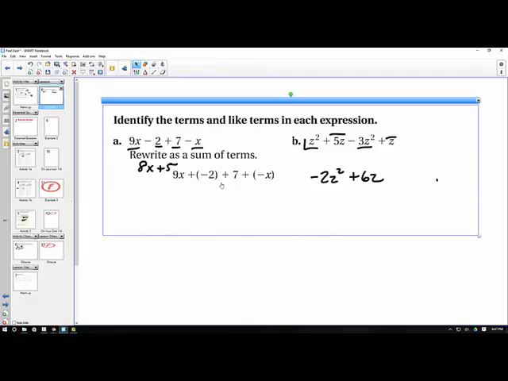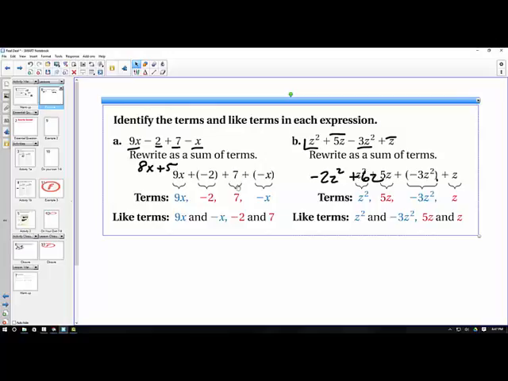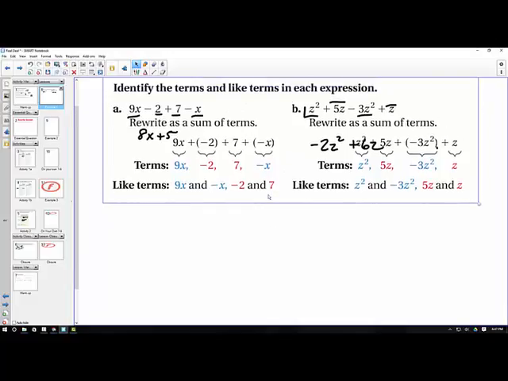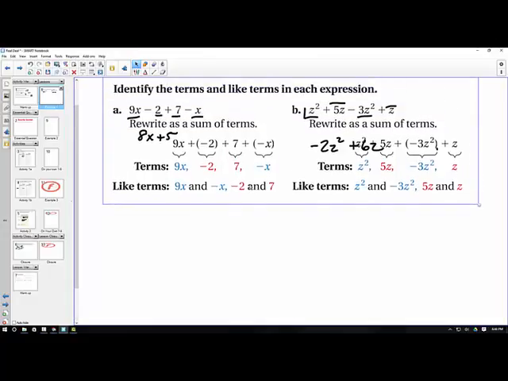So in both cases, I have the 9x plus negative x, which is 8x, and then the negative 2 and the 7, which is the 5.